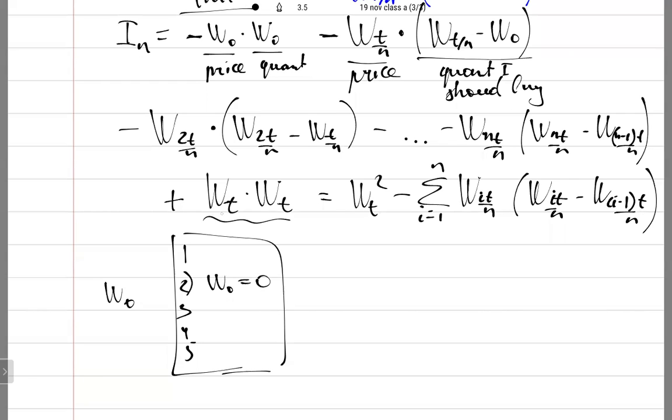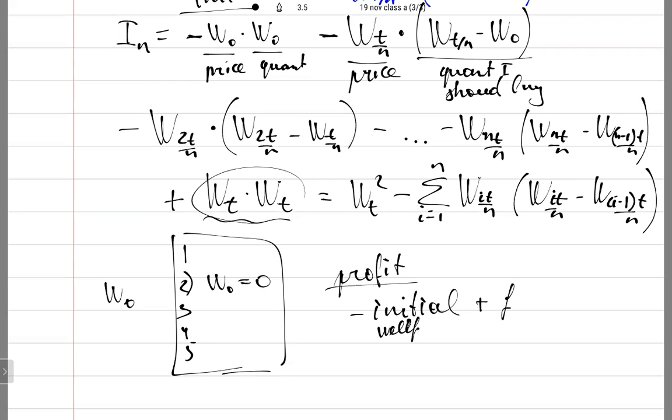Why should I have the last term? Because what is the profit? Profit is final wealth minus initial wealth. The last operation actually reverses what you've done before.